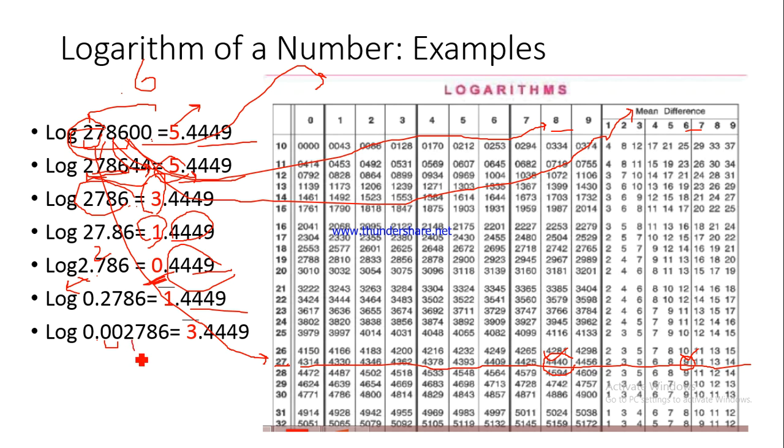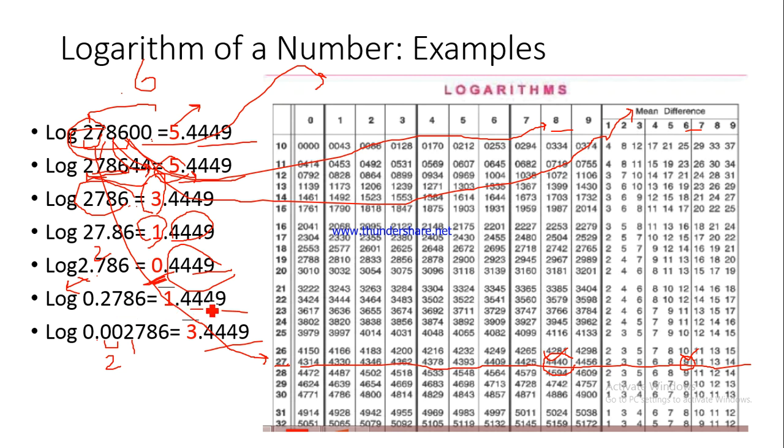First non-zero digit was 2 and the decimal was here, so there are basically 2 zeros in between. So you'll have to add 1 to this number, so 2 plus 1 becomes 3, and since it is less than 1, it becomes 3 bar 0.4449, right?